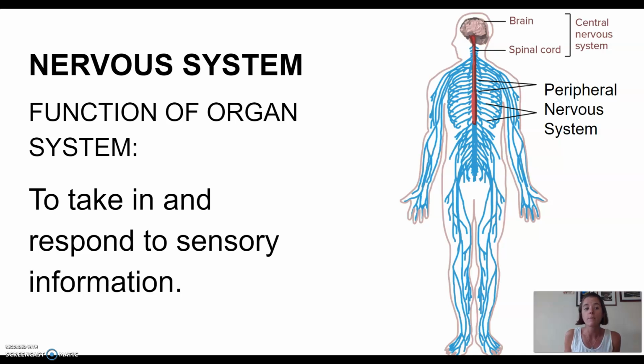Your nervous system is made of two main components. It is made of your central nervous system, your brain, and your spinal cord. And it is made of your peripheral nervous system, which extends from your spinal cord out to every organ in your body, and some non-organs, like your eyelids, and your nose hairs, and your esophagus, and your pancreas, and your stomach, and your intestines, and the lining of your intestines.